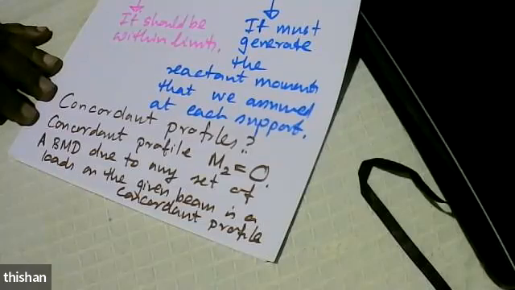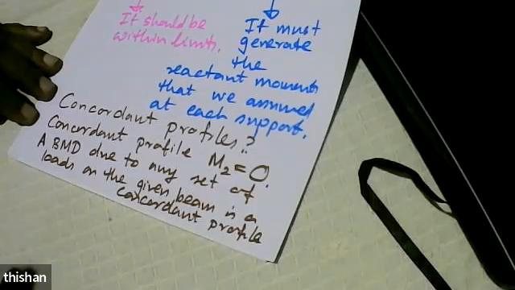Why? Because when we are applying loads, what is the deformation at the supports? We assume that the supports are not set free. If supports are there, then you will find the curvatures induced are compatible with 0 secondary moments. So if the secondary moments are 0, can the beam lift up at the supports?